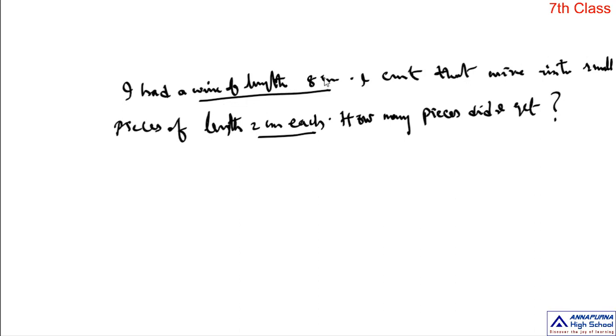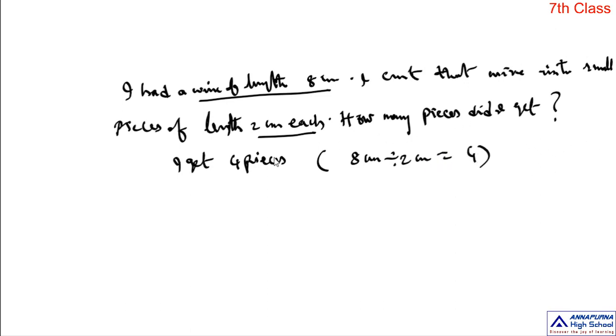So here the length of the wire is 8 centimeters. I cut the wire into small pieces of length 2 centimeters each. How many pieces did I get? I get 4 pieces. Why? Because 8 centimeters divided by 2 centimeters is equal to 4.